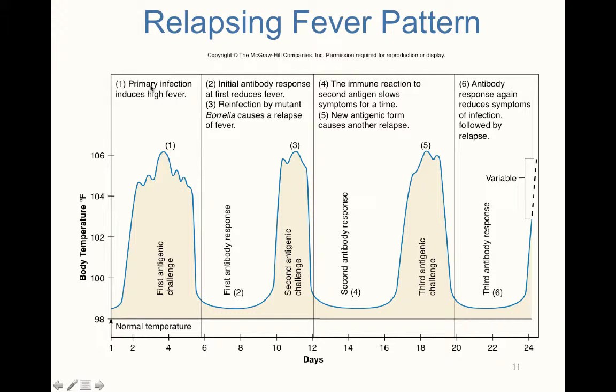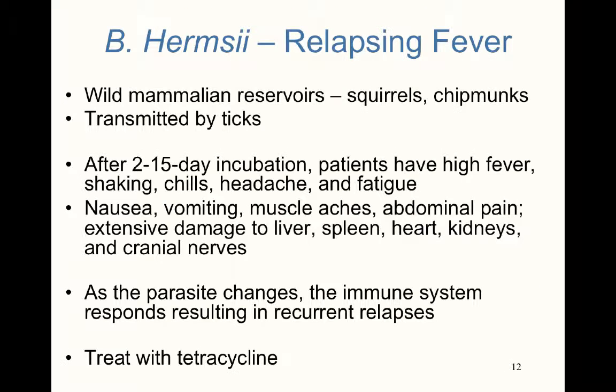So you have this first stage of fever, primary infection will induce a high fever in a host. As the host adapts and produces antibodies, the pathogen will then present a second antigen, and it continues to do this a few times until after 3 antigen presentations, then it is variable.